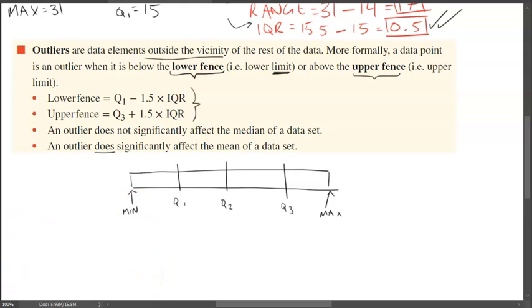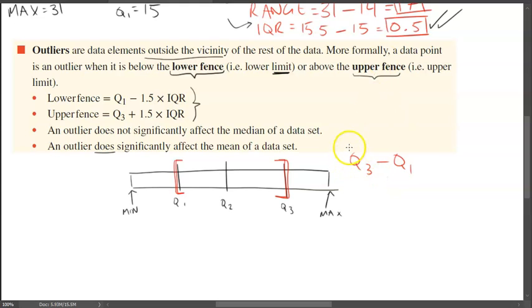A statistician said, how about we figure out the interquartile range? Let's find this range. And we know how to find it. It's Q3 take away Q1.